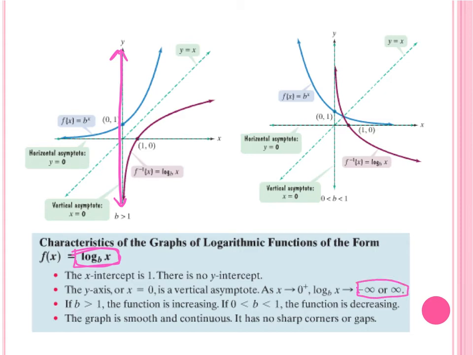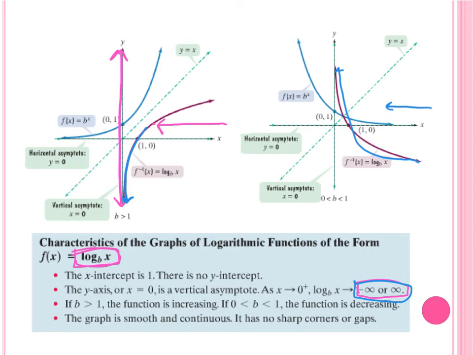So looking at the first one, we're approaching from the positive direction, so we're going this way. We see that our graph is going down to -infinity. So here, our graph goes to -infinity, and this other one, as we approach on the positive direction, our graph goes up to infinity. So that's what this says, that we approach either -infinity or infinity.